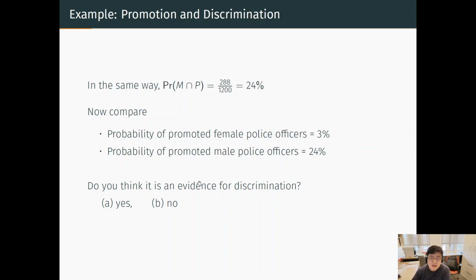Do you think it is evidence of discrimination? Everything else being the same, so it's like a vacuum state. There is nothing else. All males and females are identical except for their gender and their promotion results. So is this probability evidence for discrimination? Do you think female officers are not treated well?